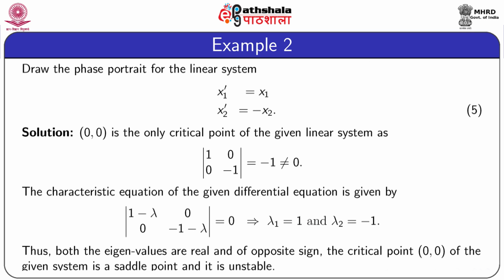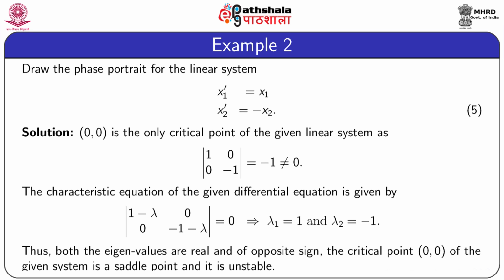In our second example, we consider the linear system dx1/dt = x1 and dx2/dt = -x2. The very first thing you do is to find this determinant |1 0; 0 -1|, which you get from here, because you can write this as x1 plus 0 dot x2 and this as 0 dot x1 minus x2.